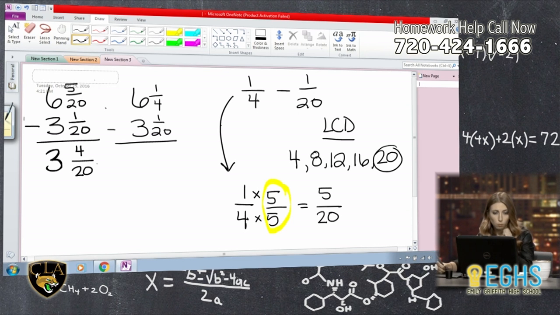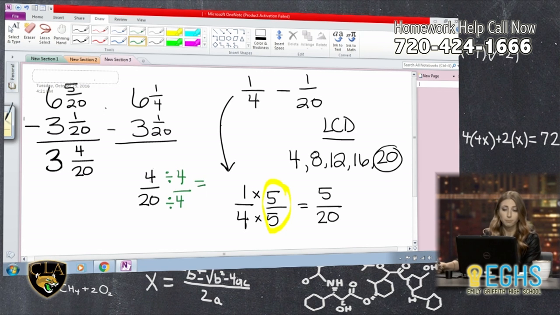Now, we would also want to simplify this fraction. Just like I can multiply by the same number over itself, I can also divide by the same number over itself, because dividing by 1 doesn't change our value. So what number can I divide both 4 and 20 by? We would look at factors, and 4 is a factor of both 4 and 20.